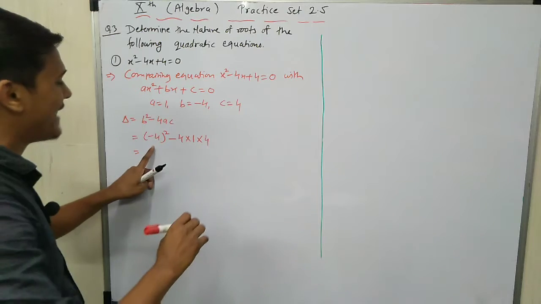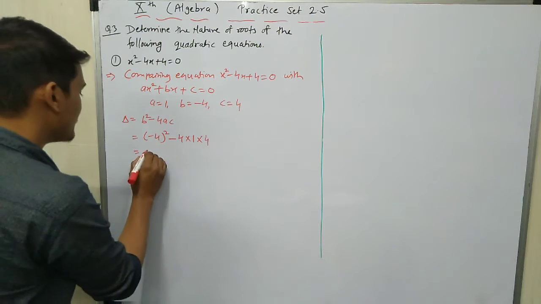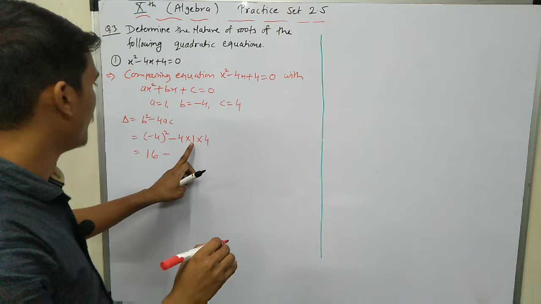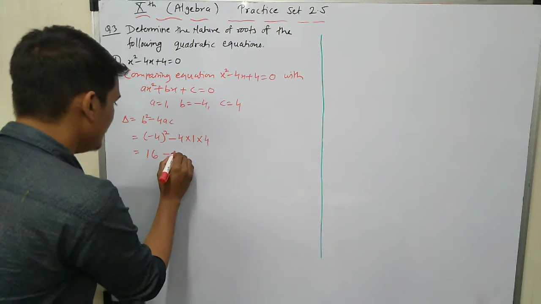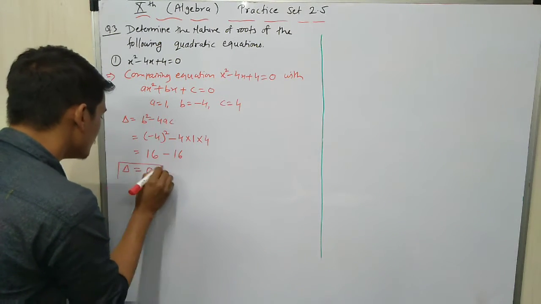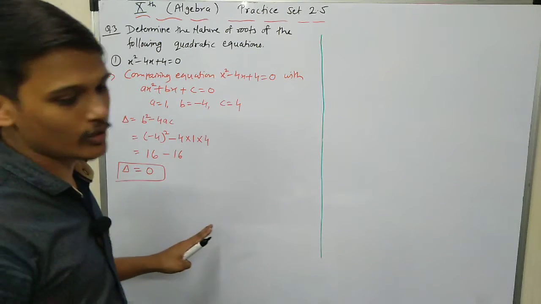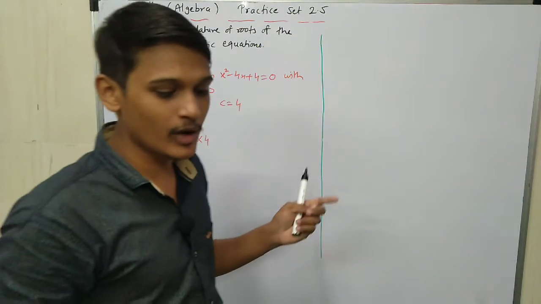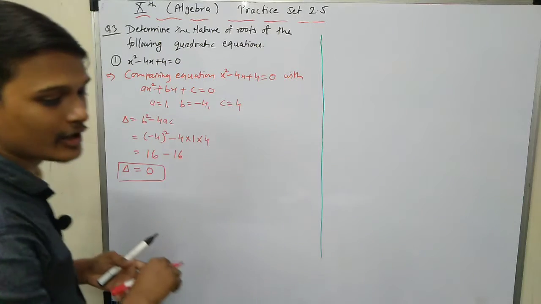Minus 4 square is 16, minus 4 into 1 is 4, 4 into 4 is 16. Their delta is equal to 0. Understood? Delta is equal to 0 means the roots are real and equal.